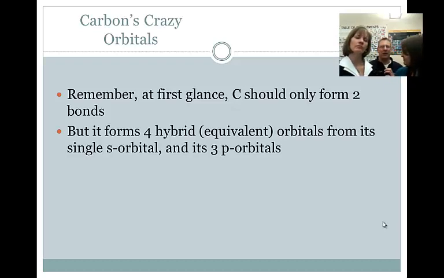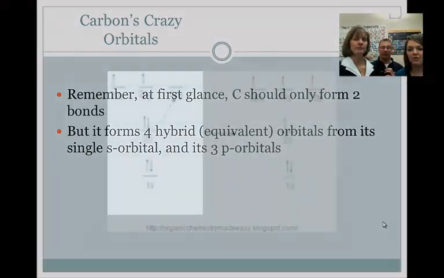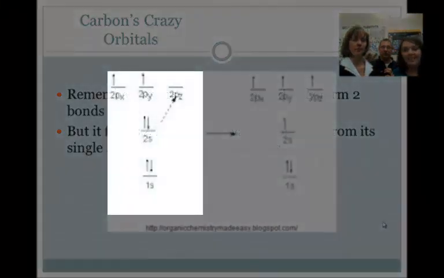Well, if you go way back in time and do one of those orbital diagrams, the arrows, right? Aufbau, Hund's rule, up, up, up, down, down, down, and so on, you're going to see that carbon really only has two unpaired electrons in its valence energy level.